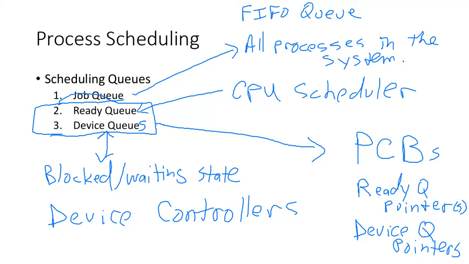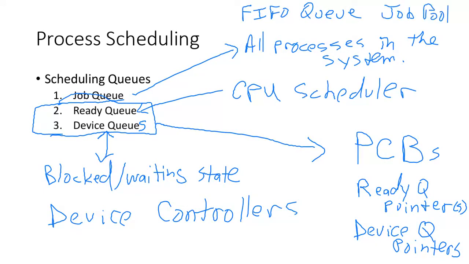Whether it was uniprogramming or multiprogramming, the job queue might not necessarily have been all processes in the system. Though I might be thinking of a different term. There was a word called job pool.